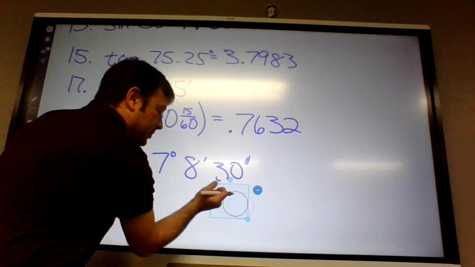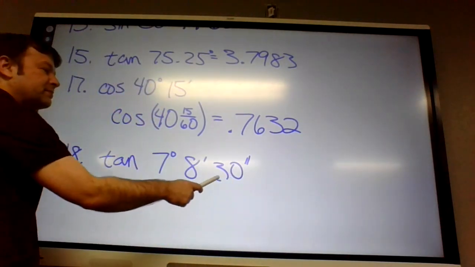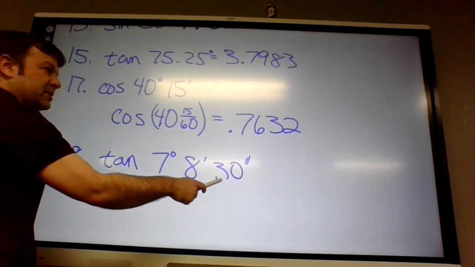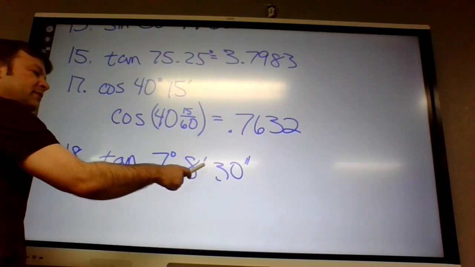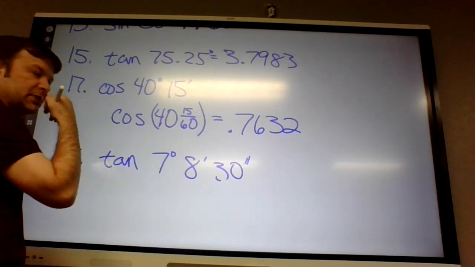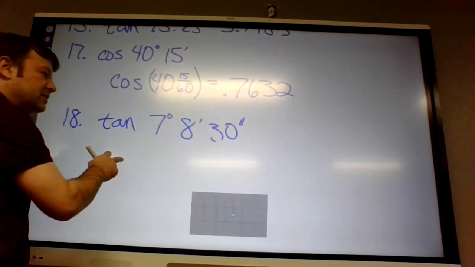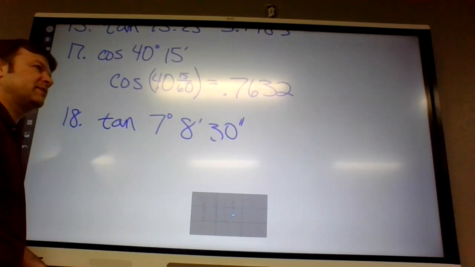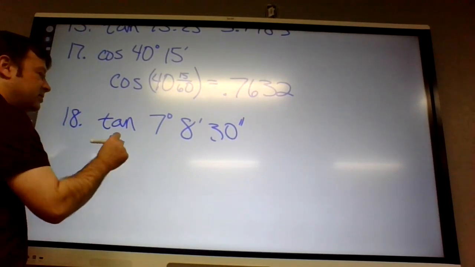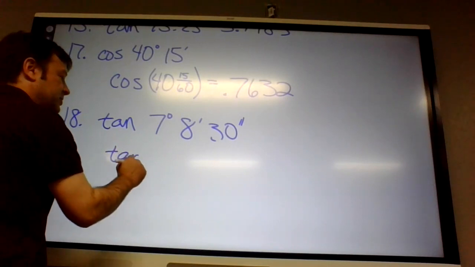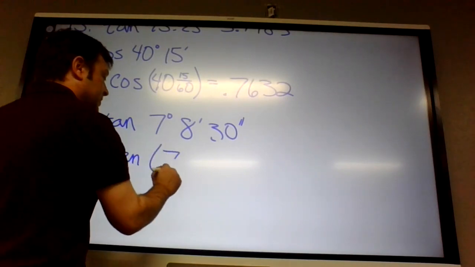But there is an easier way. 30 seconds is what fraction of a minute? Half. Yeah, it would still be kind of a mess. Well, there's only one problem like this, so we'll just do this and call it good.